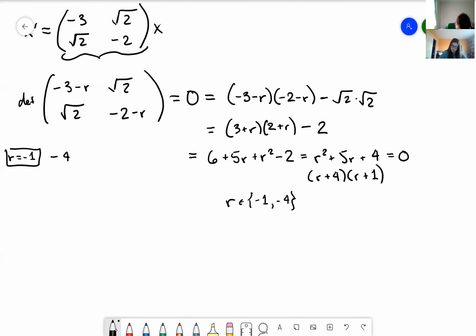Negative 4, square root of 2, square root of 2... oh no, I made a little mistake there. Negative 3 minus negative 1 is negative 2. Negative 2 minus negative 1 is negative 1.